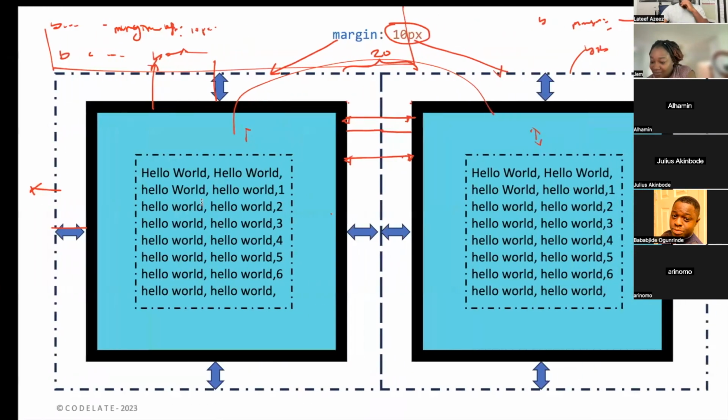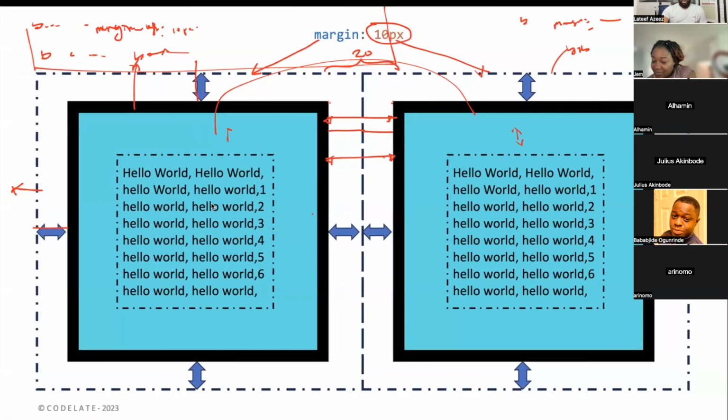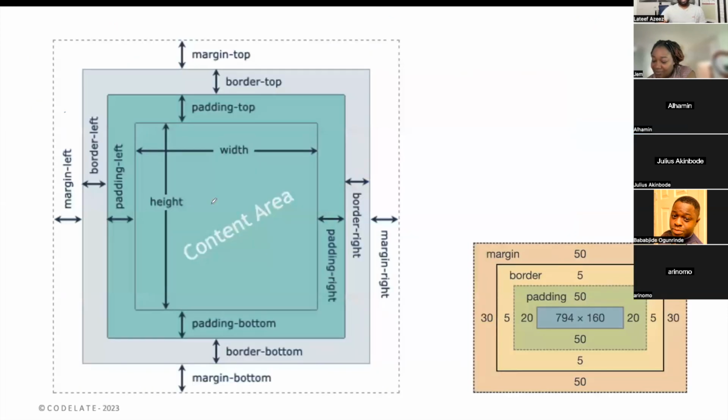So that's an explanation of how these things work, margin left, margin right, margin bottom. You can see where they are and the width and height of the container itself before we add the border, the padding inside, and the margin outside. This is what you see when you inspect them in the browser.